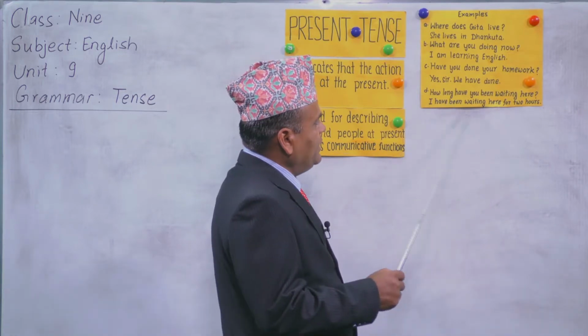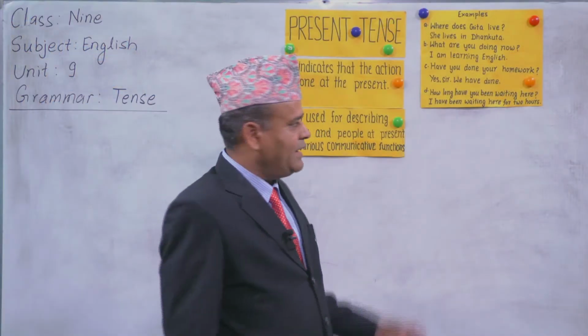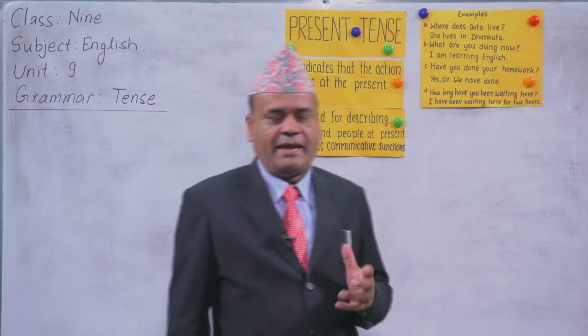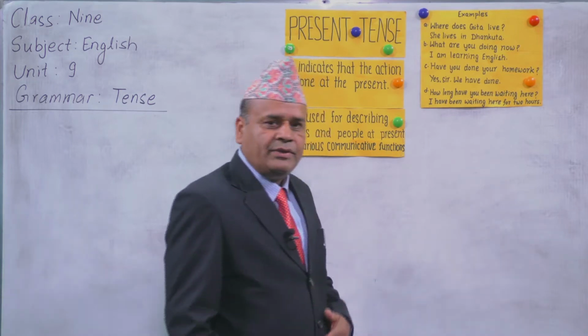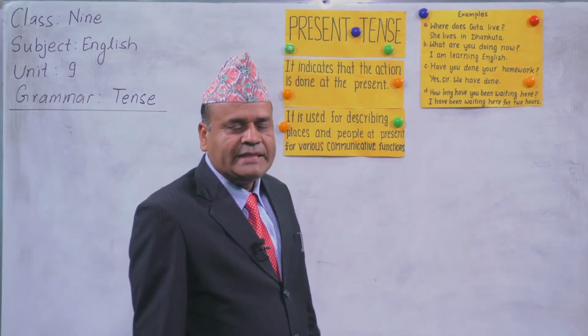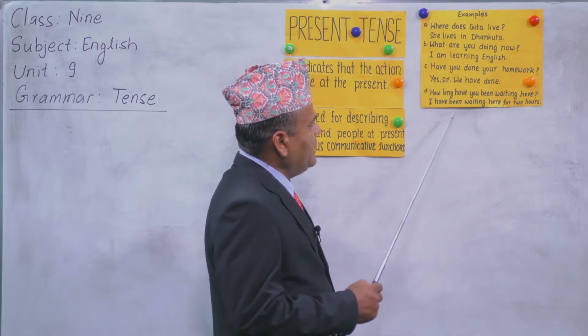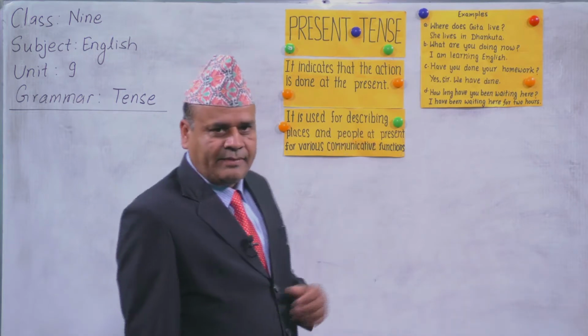You can use for or since with present perfect continuous tense, right? After for, we normally use a period of time, okay? And when since comes, we use a point of time, the starting time, all right? So how long have you been waiting here? I have been waiting here for 2 hours. So these are the examples.